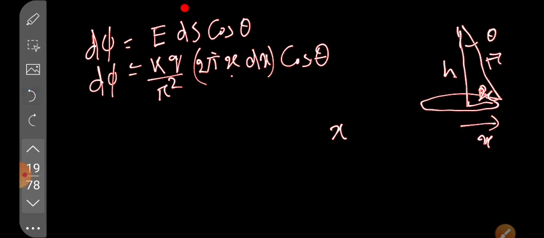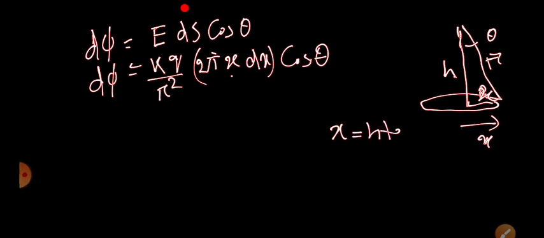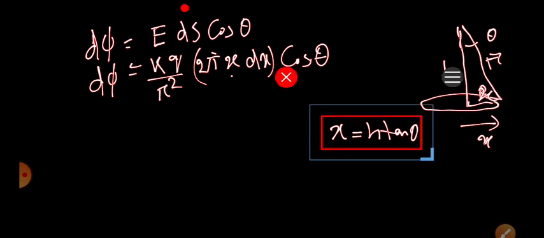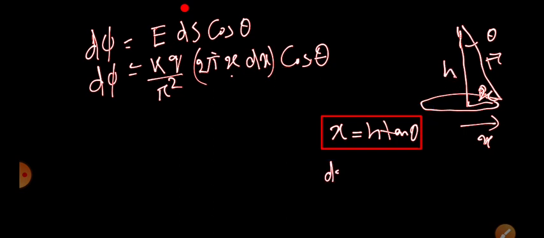So x by h is equal to tan theta, so x is equal to h tan theta. If x is equal to h tan theta, then from this we can calculate dx is equal to h secant square theta d theta.